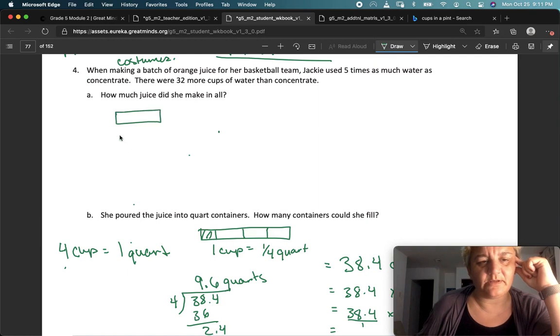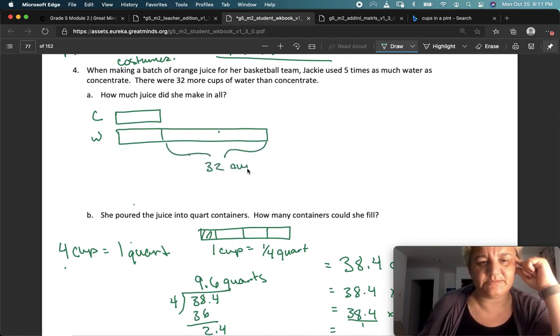There is the water, and this is the concentrate. And from here to here equals 32 cups. And that was 5 times as much. 1, 2, 3, 4, 5.